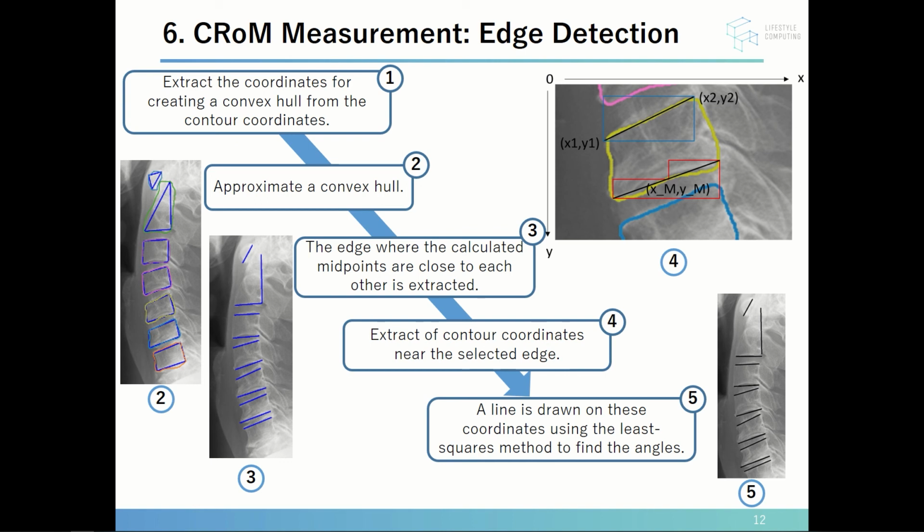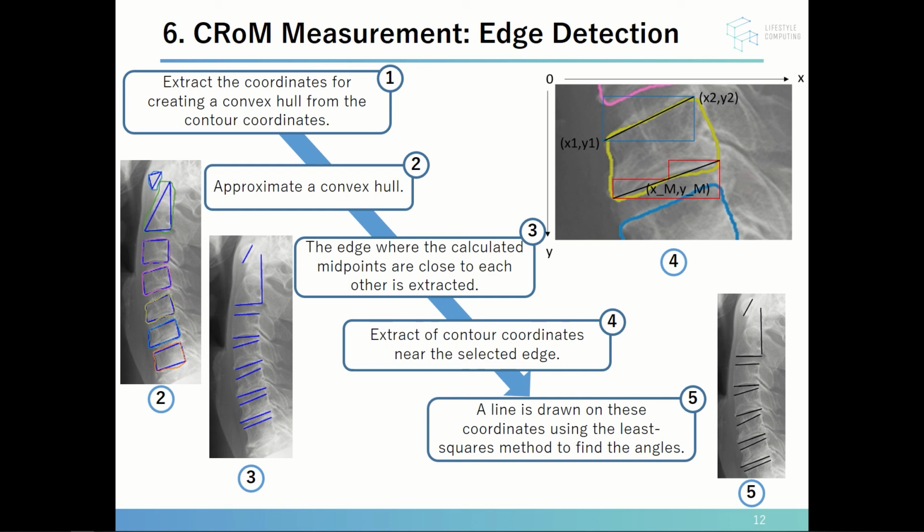However, since approximate polygons below C3 are approximated to be inscribed in the convex hull region, their edge may be far from the contour coordinates of the estimated region.